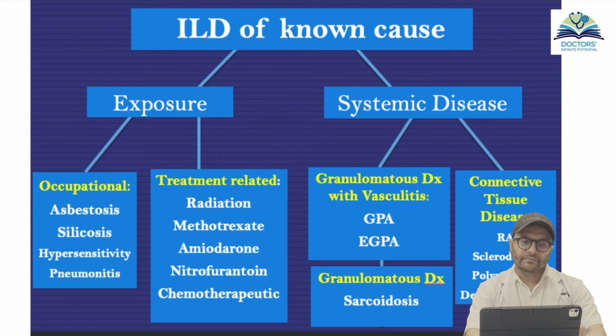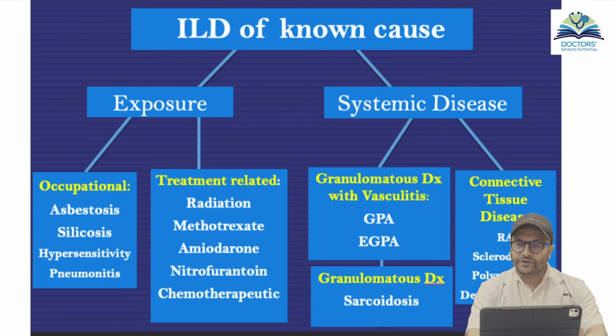This slide mainly shows common causes causing interstitial lung disease. When there is occupational exposure like asbestosis, silicosis and hypersensitivity pneumonitis, and when the patient is on radiation, or if there is history of intake of methotrexate, amiodarone or nitrofurantoin, or any chemotherapeutic drug intake.